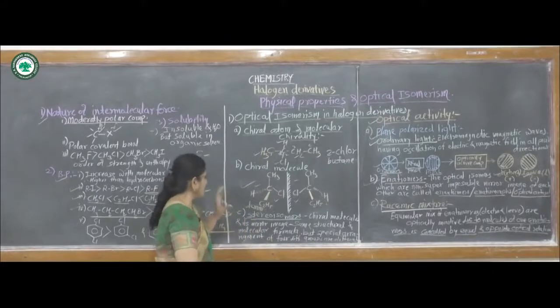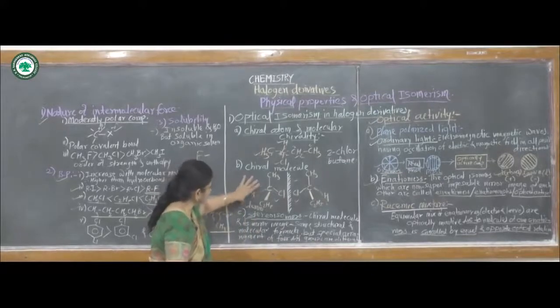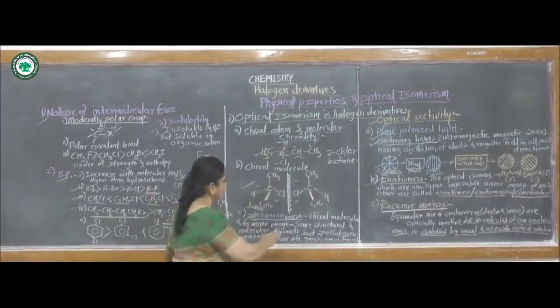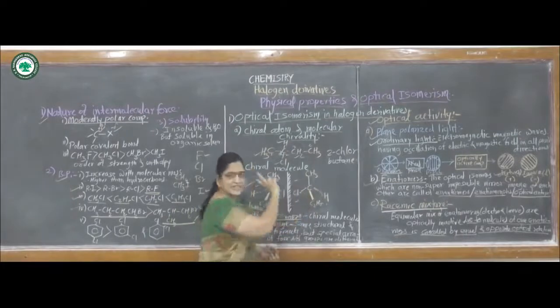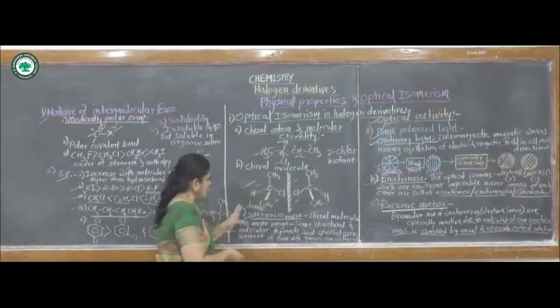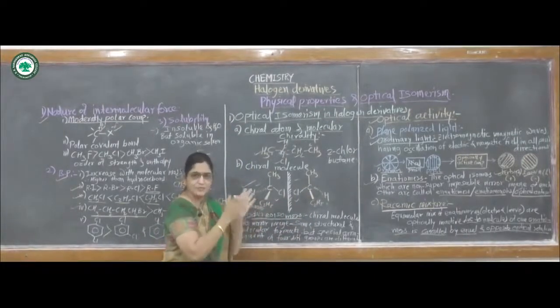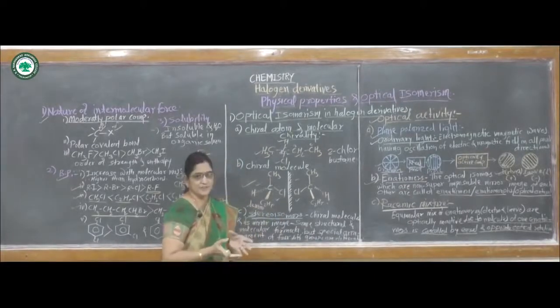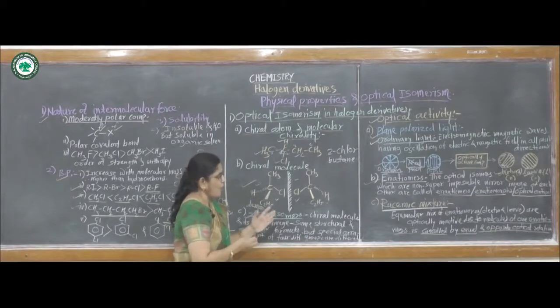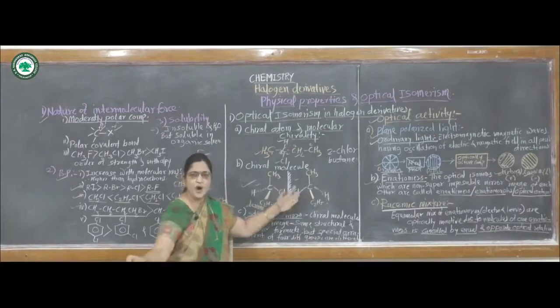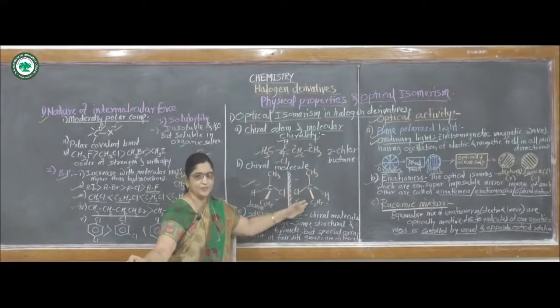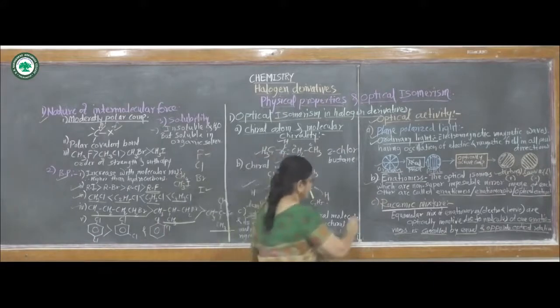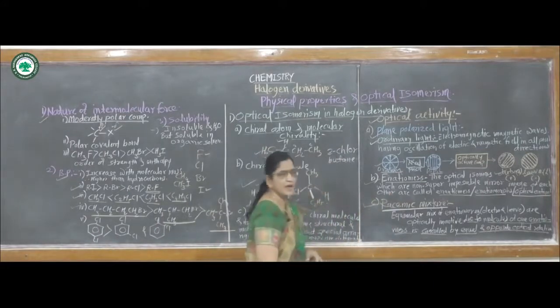That means one has rotation towards the right hand side, and one has rotation towards the left hand side. Hence, the equimolar mixture of these two molecules cancels their rotation, and this mixture is optically inactive. Such a mixture is called a racemic mixture.